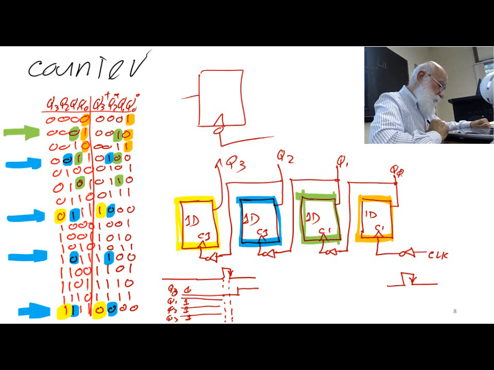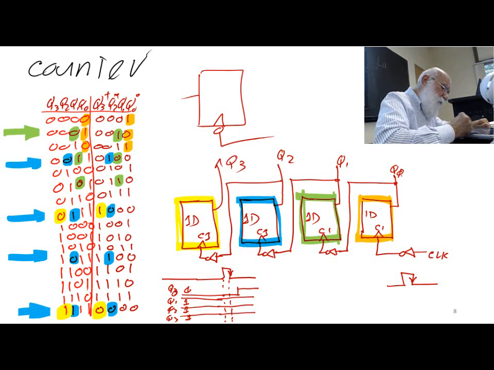So it's okay. And then my other outputs, a 1, a 1, a 1.